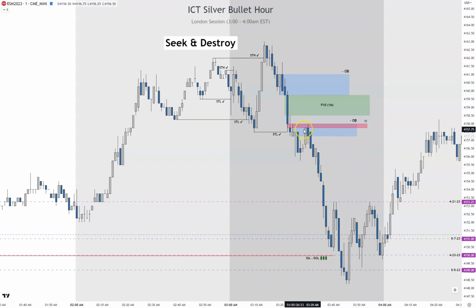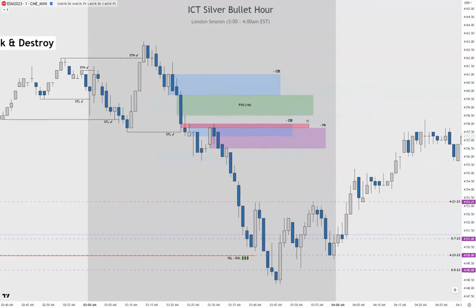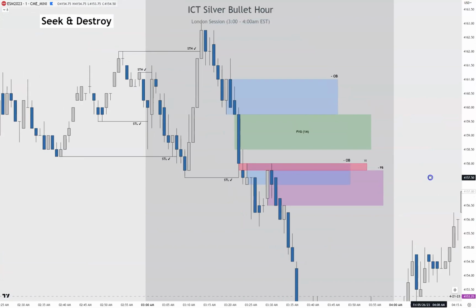Well, then what does that make this candle? That makes it a propulsion block because it trades into the previous order block, and then when price leaves it, which is this blue candle right here, I'm going to zoom in so you can really see this. I want you to really see this.